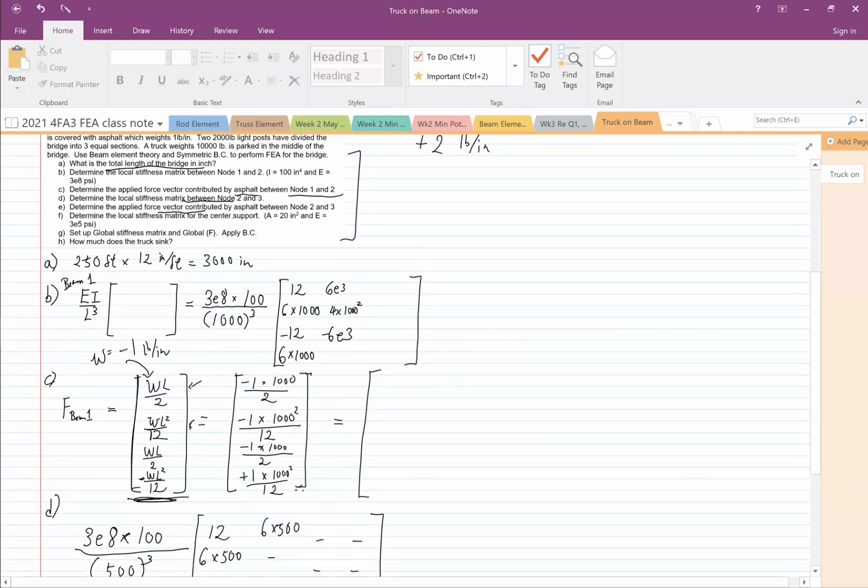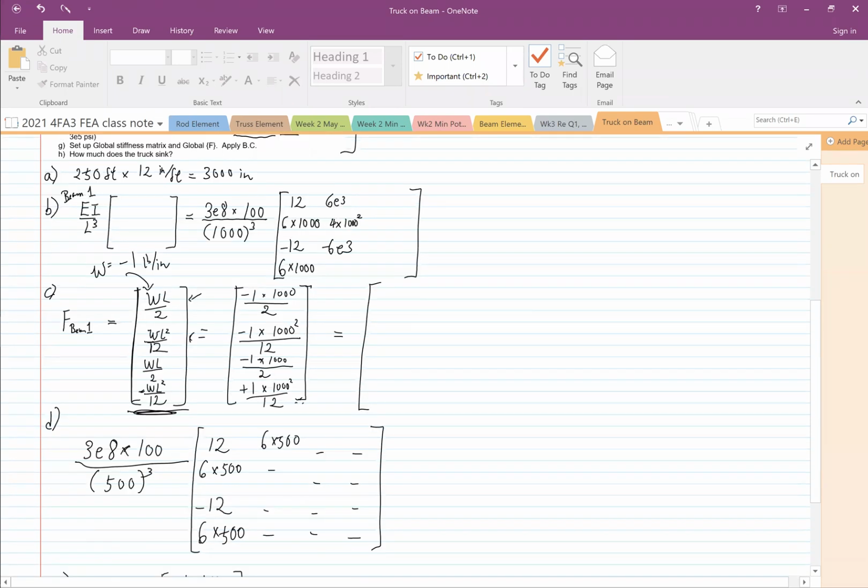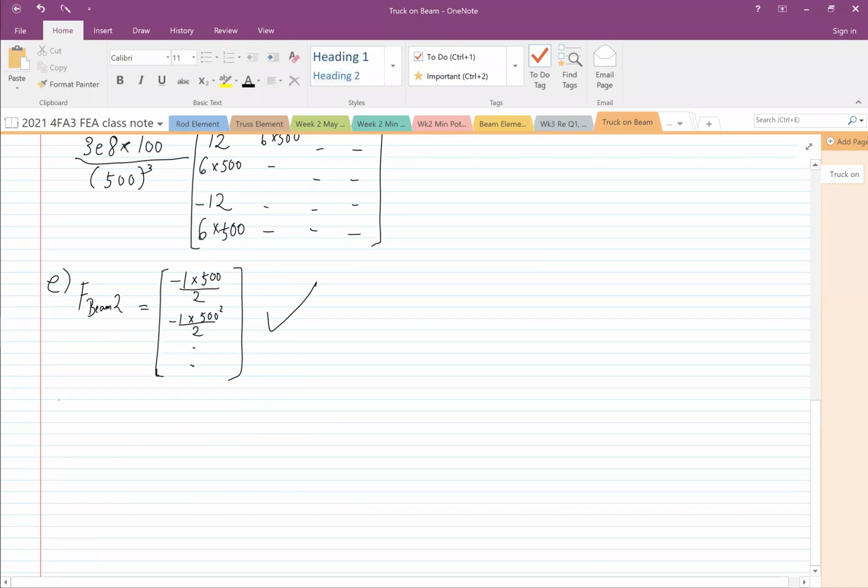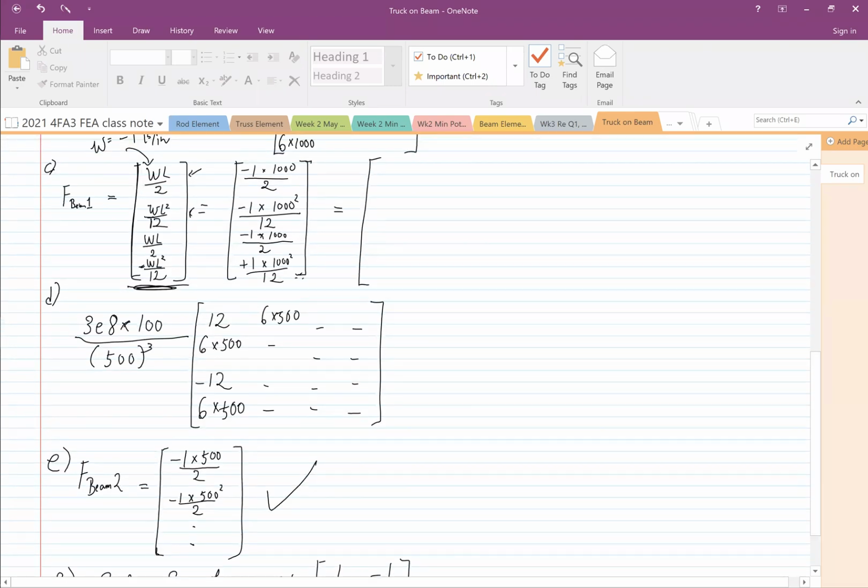The next thing, F, the local matrix of the center support. A is 20 times 20, E is 3E5. The center support is EA over L. What is E?